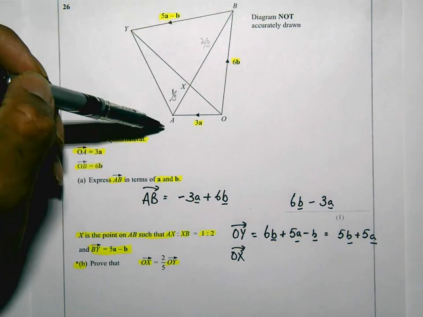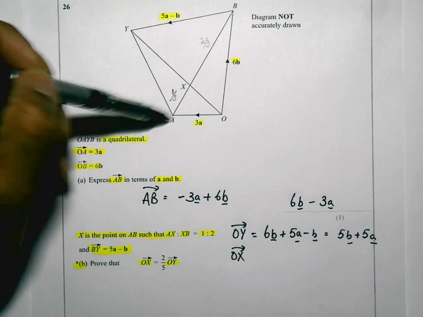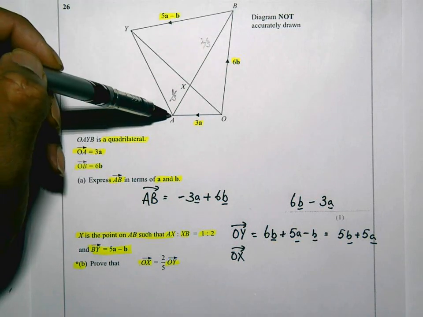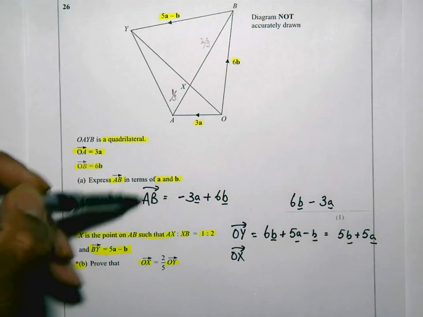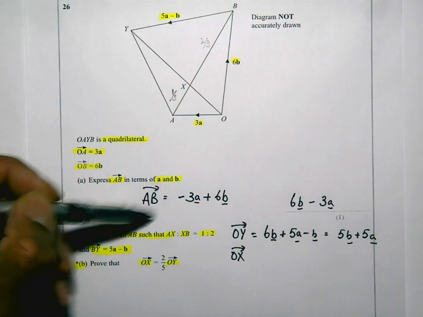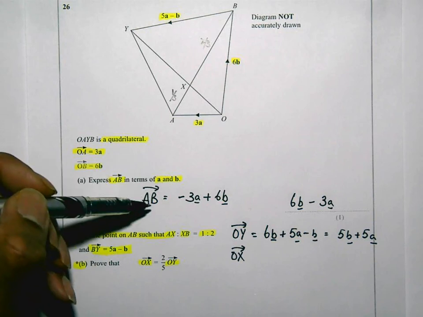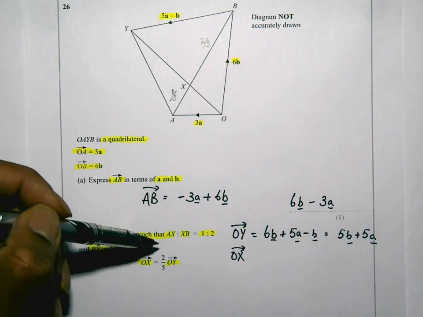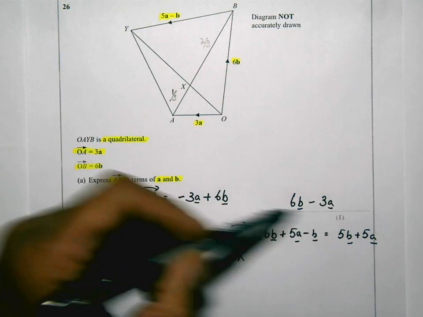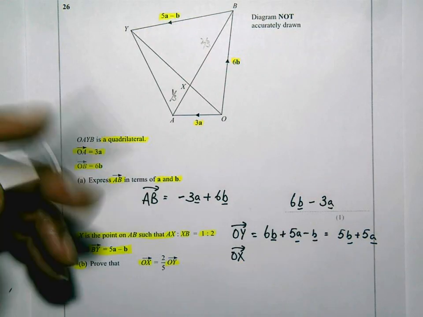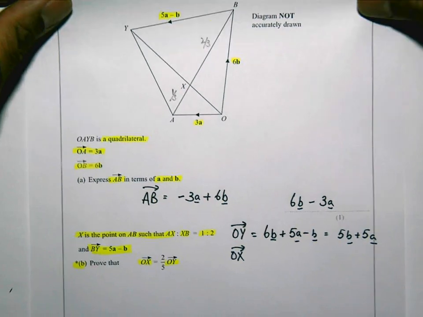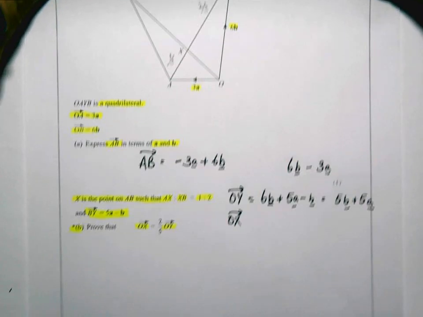Now, that's got me thinking, B to A is the minus version of AB. So I need to put a minus sign through all of that, so it'll be minus 6B plus 3A. So let's work through this systematically, and I'll write it all down.